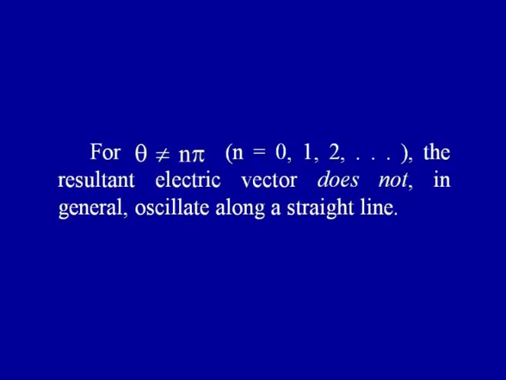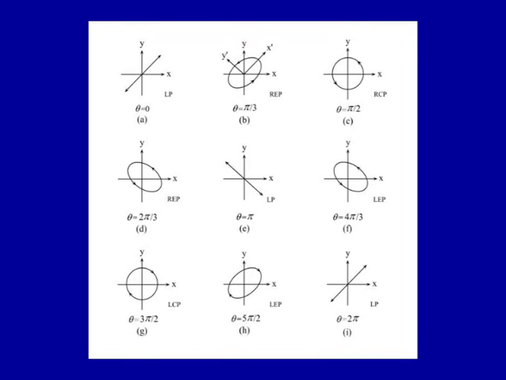For theta not equal to n pi, if the phase difference is not an integer multiple of pi, it is not equal to 1 pi or 2 pi or 3 pi, the resultant electric vector in this case does not oscillate along a straight line. This figure shows the resultant for different values of theta.